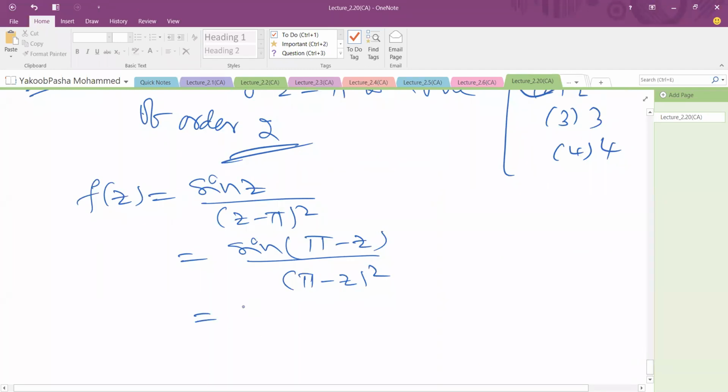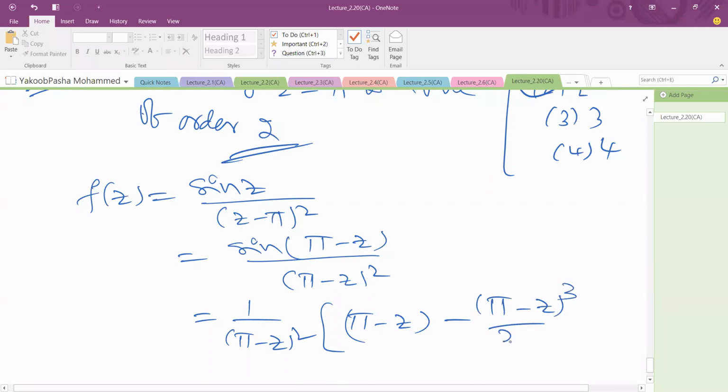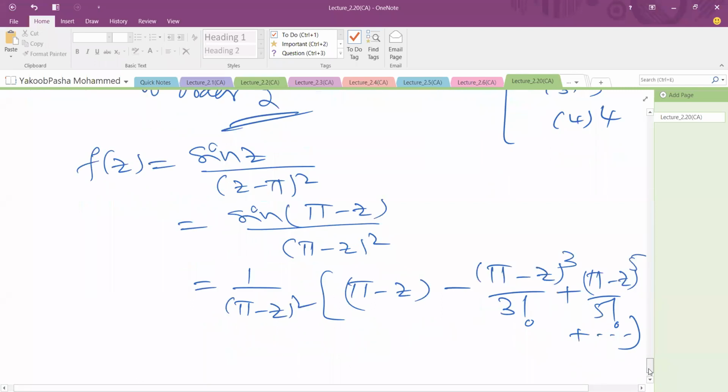So sin pi minus z by pi minus z whole square, expand: pi minus z minus pi minus z whole cube by 3 factorial plus pi minus z whole to the power of 5 by 5 factorial plus and so on.